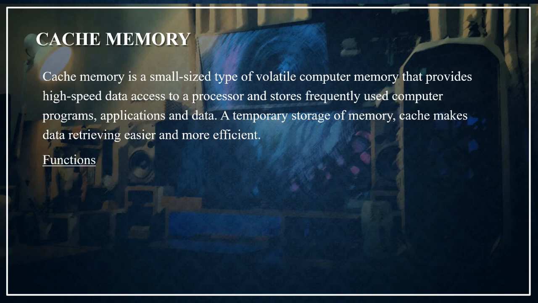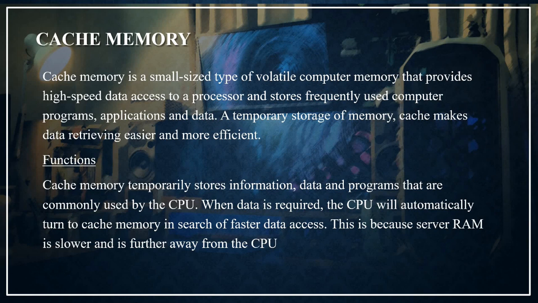Its functions: cache memory temporarily stores information, data, and programs that are commonly used by the CPU. When data is required, the CPU will automatically turn to cache memory in search of faster data access. This is because server RAM is slower and is further away from the CPU.